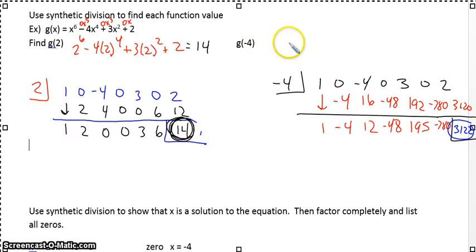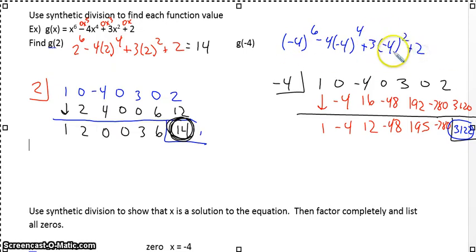Had I taken the time to plug in a negative 4, raise it to the 6th power, minus 4 times negative 4 to the 4th power plus 3 times negative 4 squared plus 2, I would get 3,122.